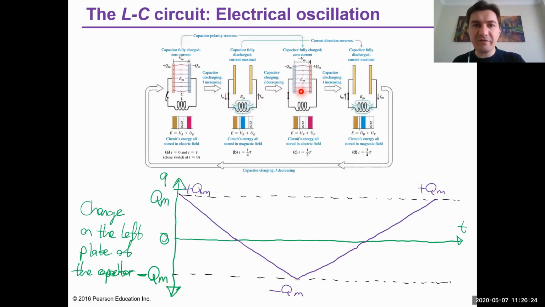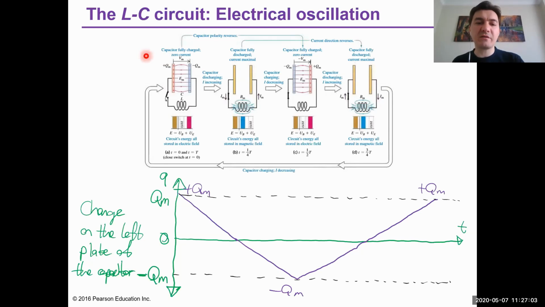Now on the left side, negative charges are collected, and the amount of charge on the left side is increasing. Then we reach the maximum charge on the left side. Then charge again starts to decrease, and we reach 0 charge here when the capacitor is fully discharged. And if you go back to that position, then again the capacitor is fully charged with positive charges.